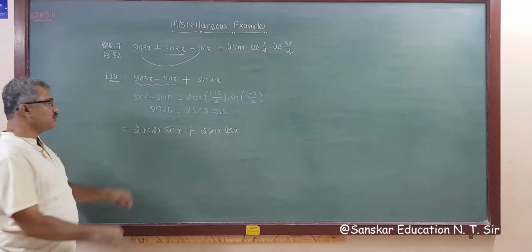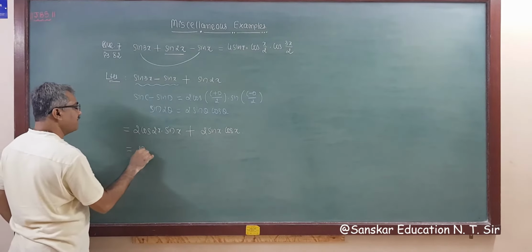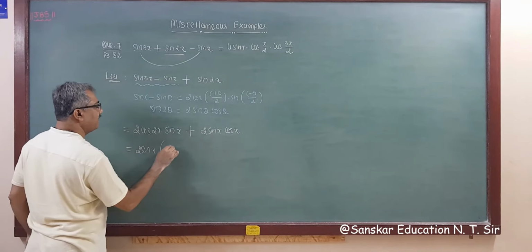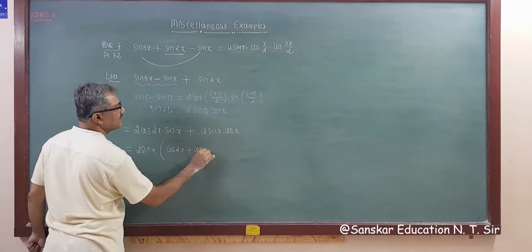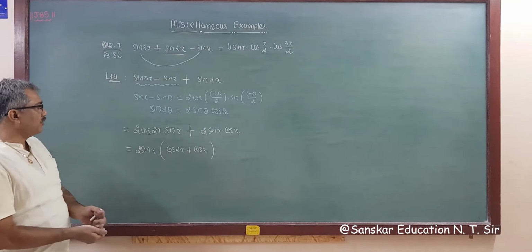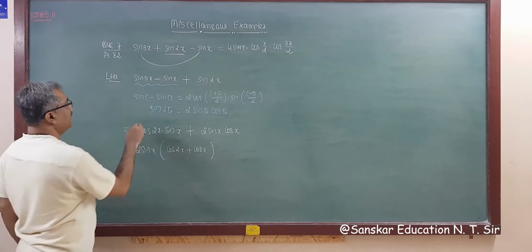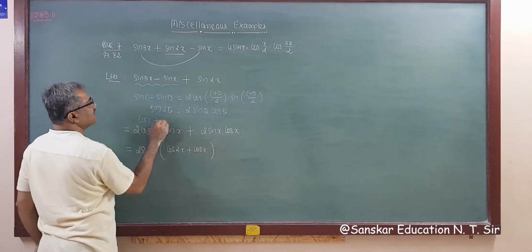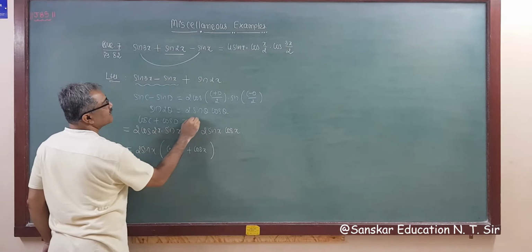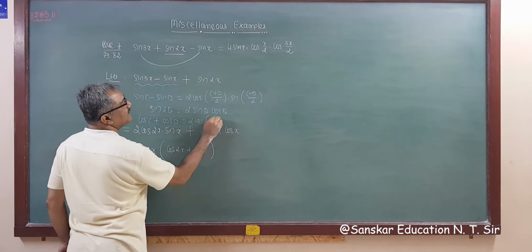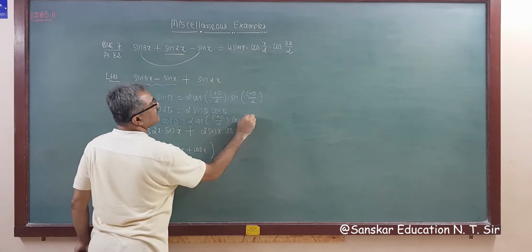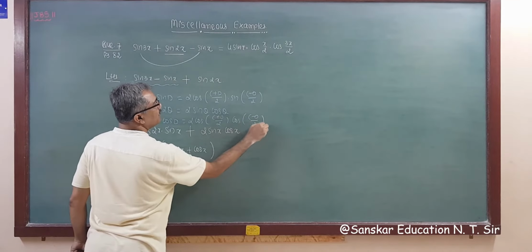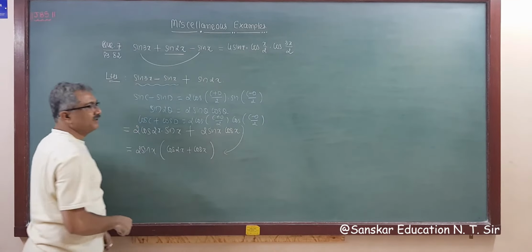So 2 sin x is common, taking 2 sin x common, remaining will be cos 2x plus cos x. Again the cos C plus cos D formula, which is 2 cos((C+D)/2) cos((C-D)/2), is applicable here.